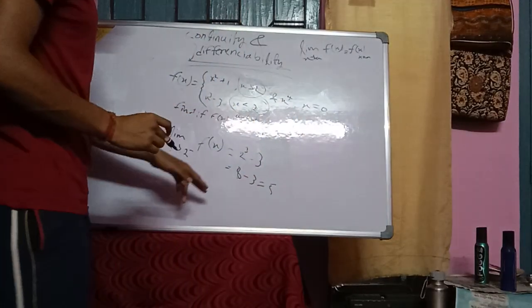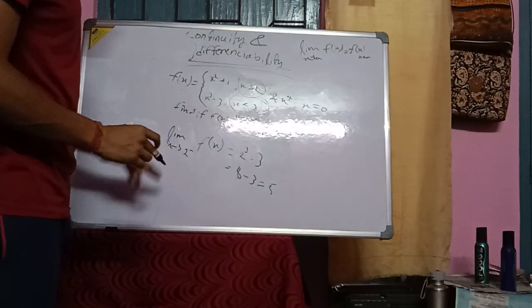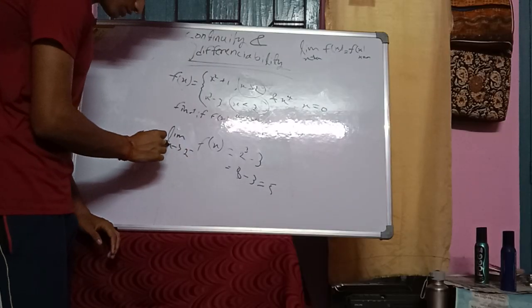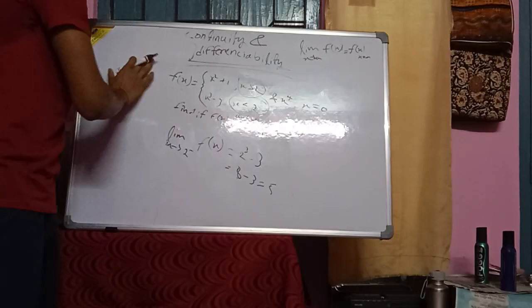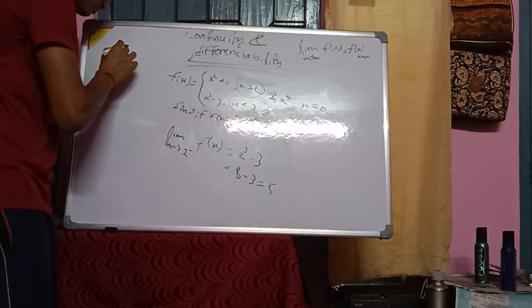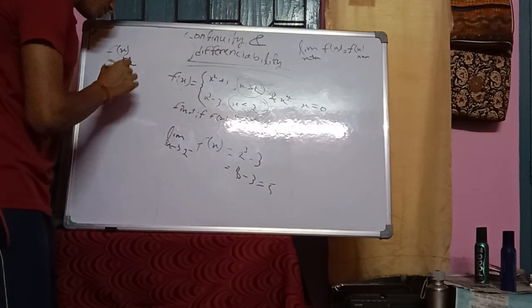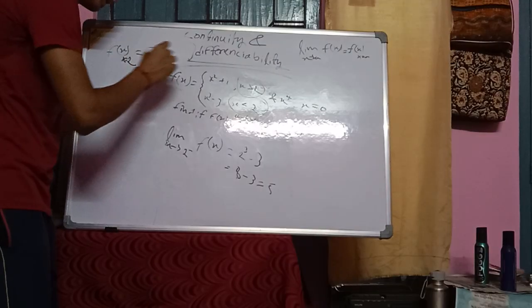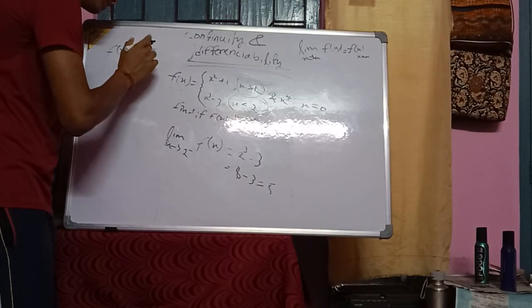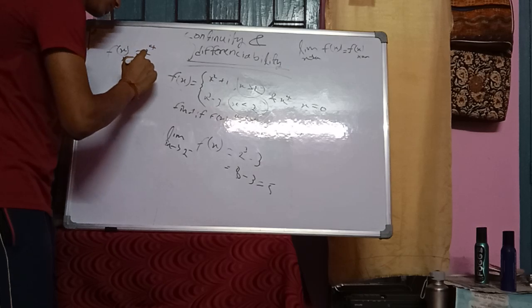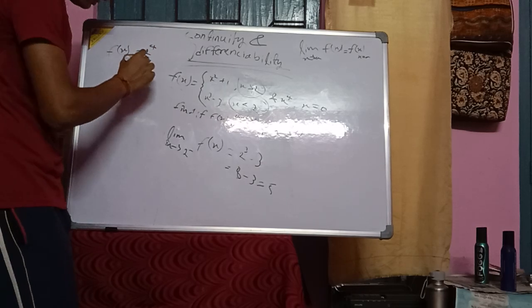Now the limiting values for both the right hand side and the left hand side would be 5. But if we take the functional value at x equals 2, it would be x to the fourth, that would be 2 to the fourth, that is 16.